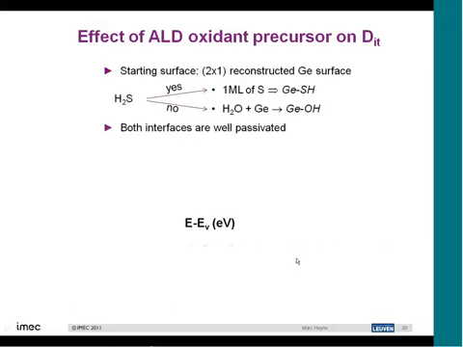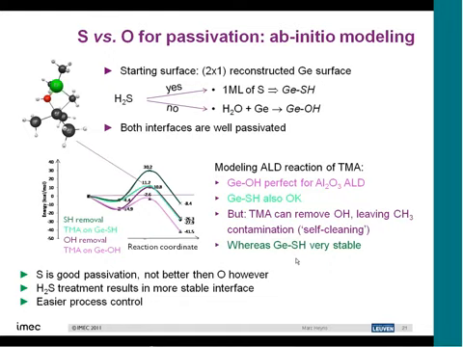This was figured out by XPS measurements that I unfortunately don't have the time to discuss in more detail here. We understand the reason for that, and it comes from the different reactivity of the germanium-OH bonds and the germanium-sulfur bonds to water and to ozone. But I just want to point out, without going into much detail, that if you look at these energy reaction coordinate curves, you see that there's a big barrier to remove the sulfur-hydrogen type of bonds, meaning that these are very stable on the surface, while the TMA can remove them.